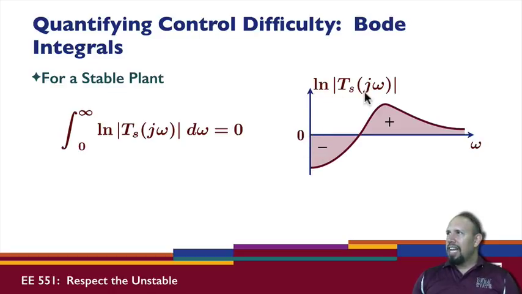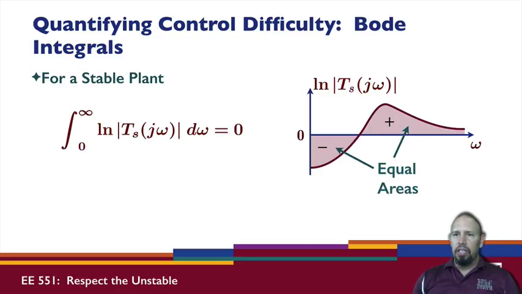So if I look at the natural log of this quantity, 0 here in this vertical scale basically corresponds to magnitude 1. And so what this is saying is, if I have magnitude less than 1, I'm also going to have magnitude greater than 1 occurring. And in fact, the area under these two must be identical.